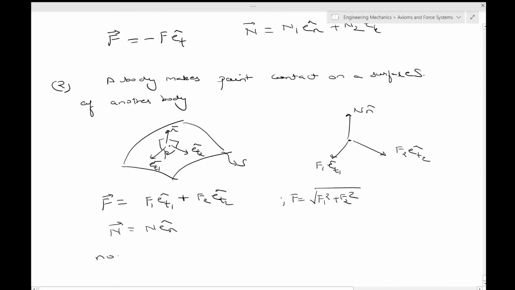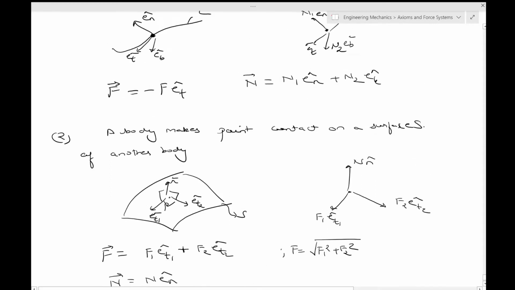So for no slip we should have F1 square plus F2 square to the power 1 by 2 smaller than mu s into n. Just like for no slip over here, we would have F smaller than mu s into the magnitude of n, which is square root of n1 square plus n2 square.